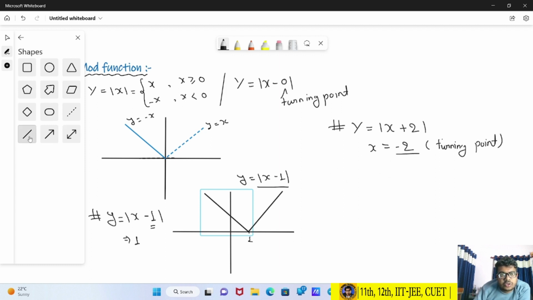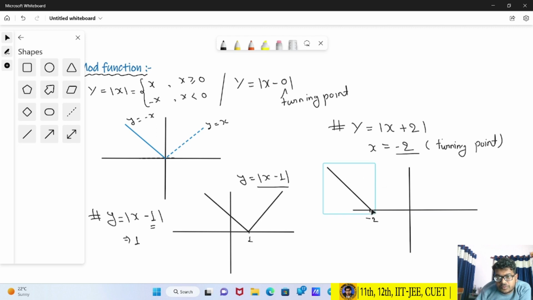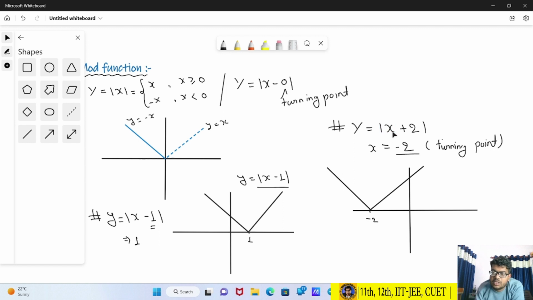These are our axes. Suppose this is our minus 2. This is the graph of mod of x plus 2.